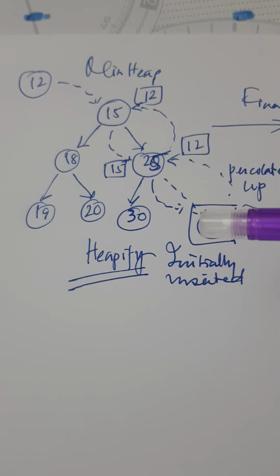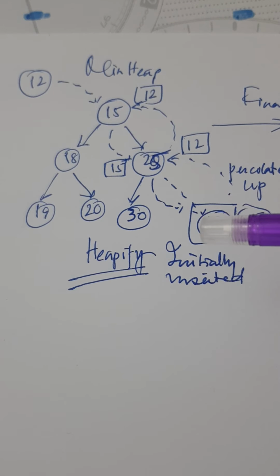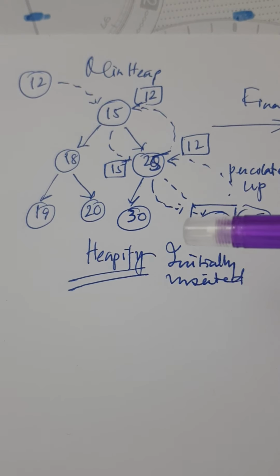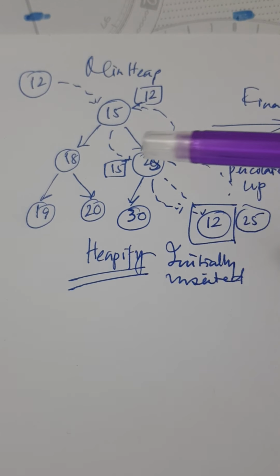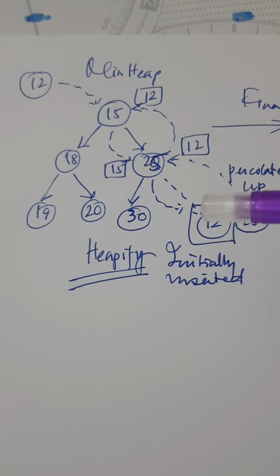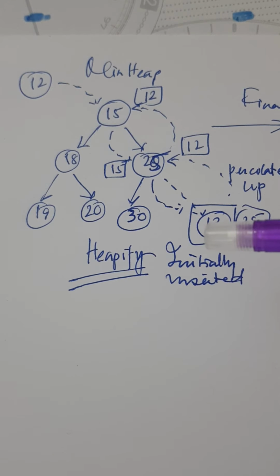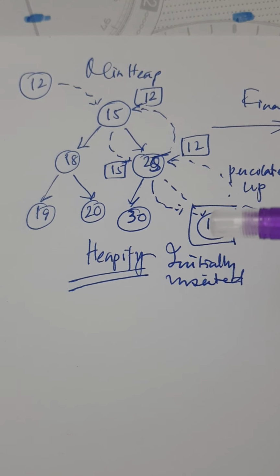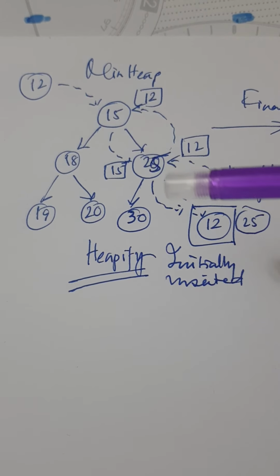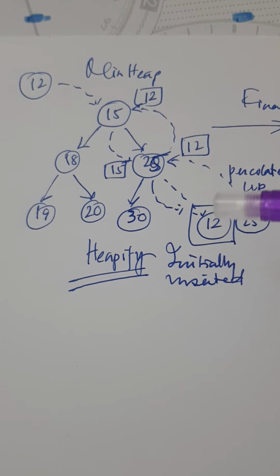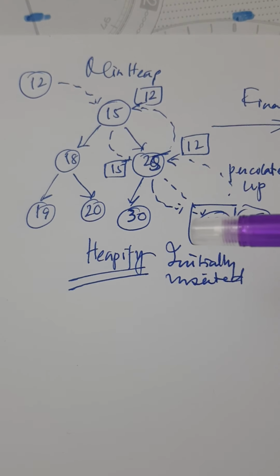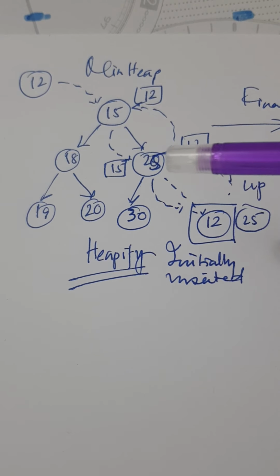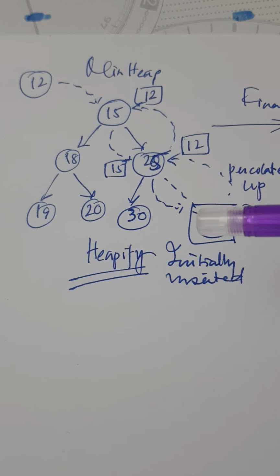It's a min heap, so what you have to do is heapify this. We call it heapify, meaning I have to reform the heap again. How do I reform the heap again? This 12, I'm going to swap with my immediate parent, which is 25. We call it percolate up. That means I'm going to place 12 here and bring 25 down here.